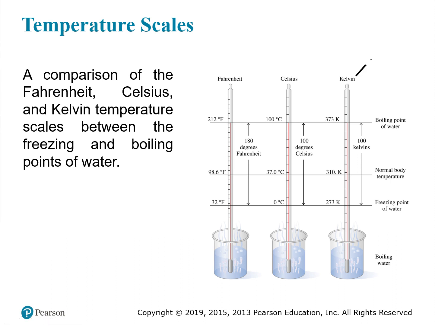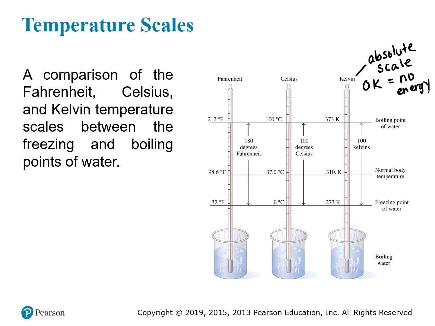Kelvin is a little bit different because it is an absolute temperature scale. So when we say 0 Kelvin, and notice there's no degree sign, it's just Kelvin, that means that there is no energy, there's no heat, no nothing.